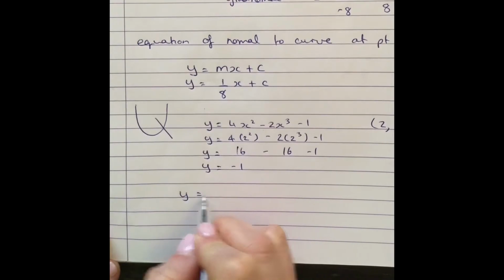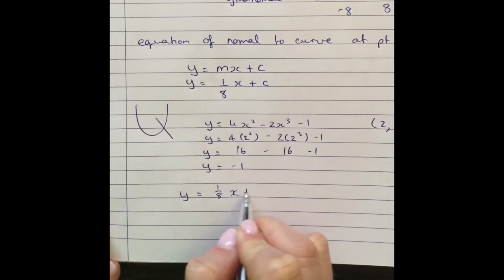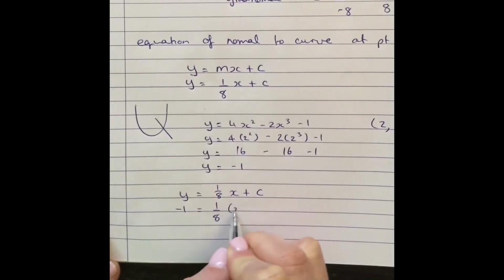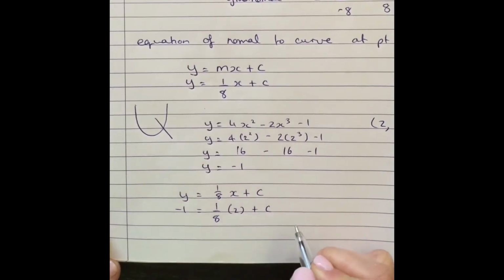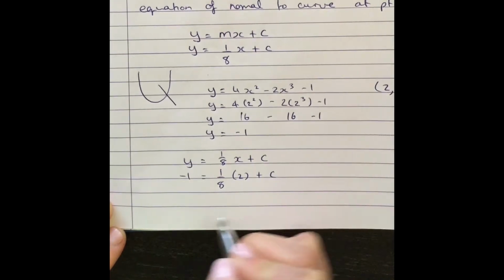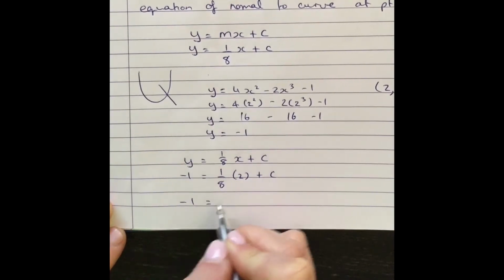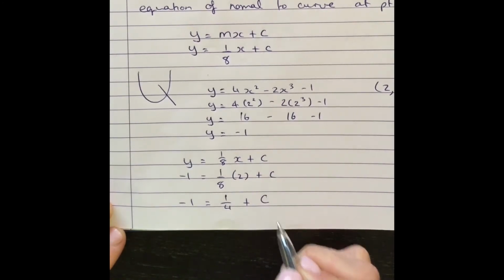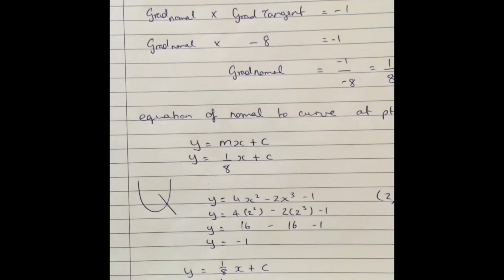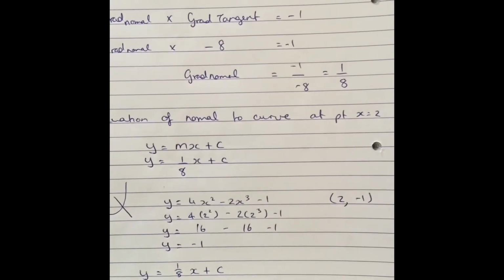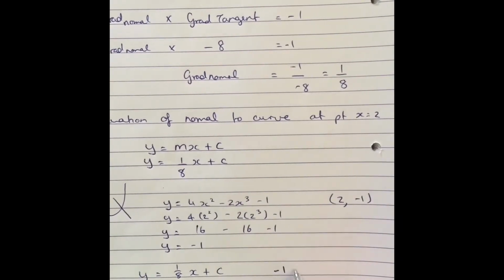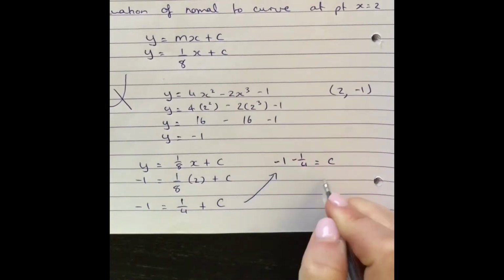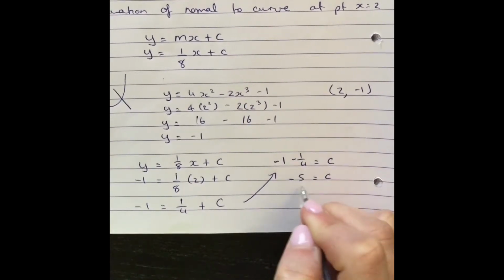So y is equal to 1 over 8x plus c. Minus 1 is equal to 1 over 8 times 2 plus c. So minus 1 equals 1/4 plus c. Therefore, if you take your minus 1 and take away the quarter, you get the value for c. So c works out to be minus 5/4.